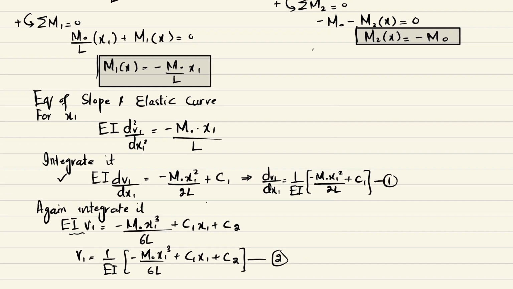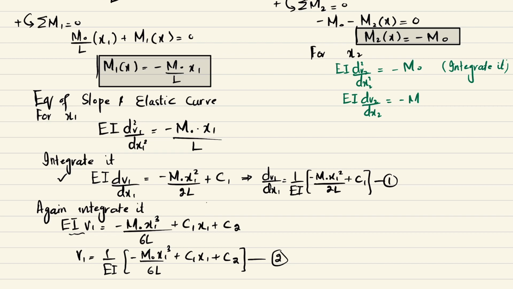Now for coordinate x2, we will have EI d²v2 over dx2² is equal to M2(x), which is minus M naught. So integrate it, and we will get the equation of slope, which is EI dv2 over dx2 is equal to minus M naught x2 plus C3.